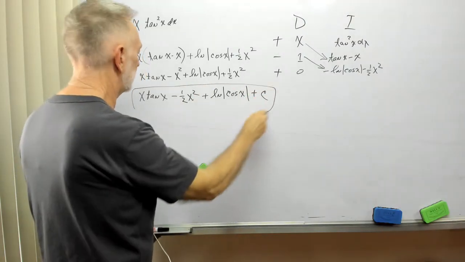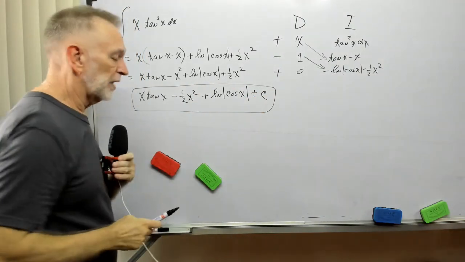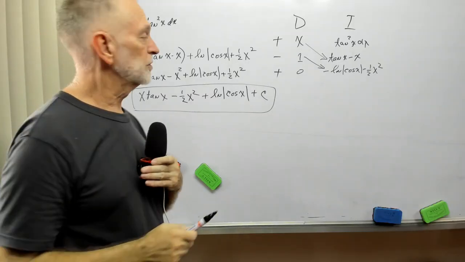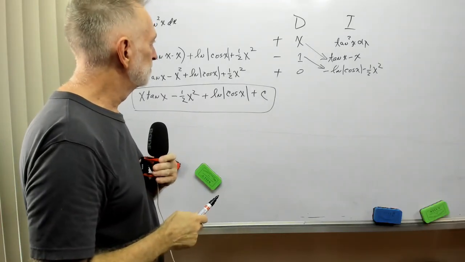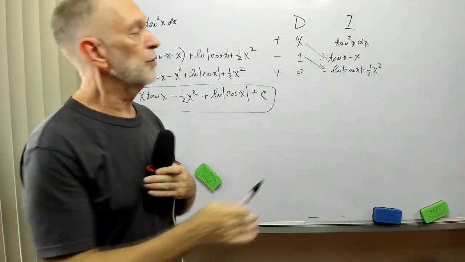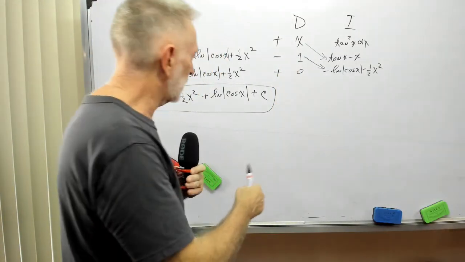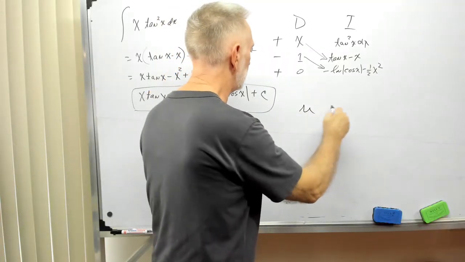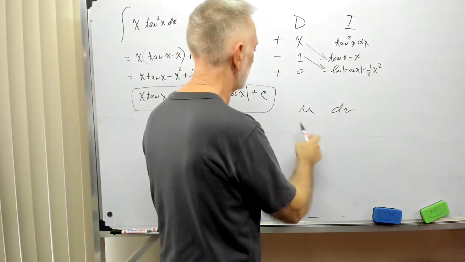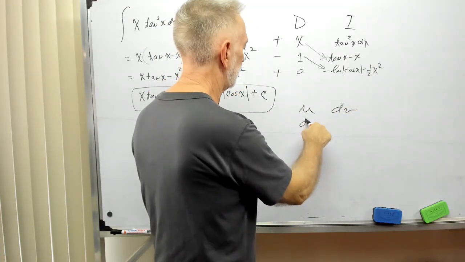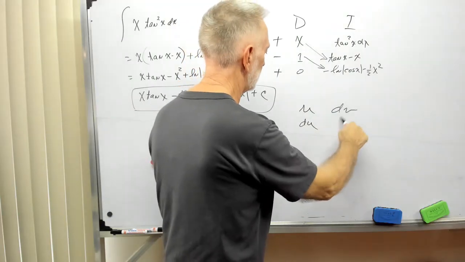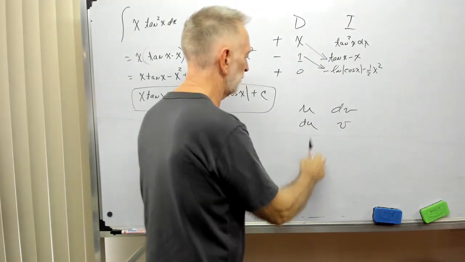And that, my friend, is the integral of x tangent squared x dx. Hopefully you get familiar with the DI method. Now we could have said, okay, I'll pick out a u, I'll pick out a dv, I'll take the derivative of this, end up with du, I'd take the integral of that, end up with v.